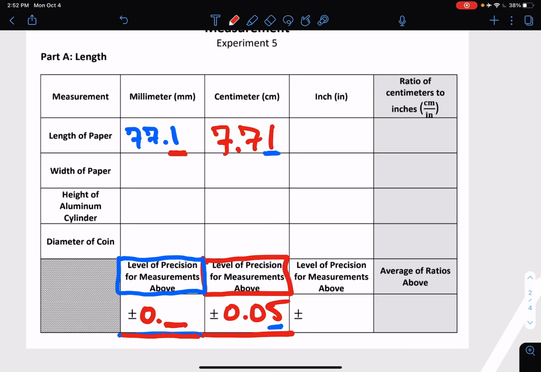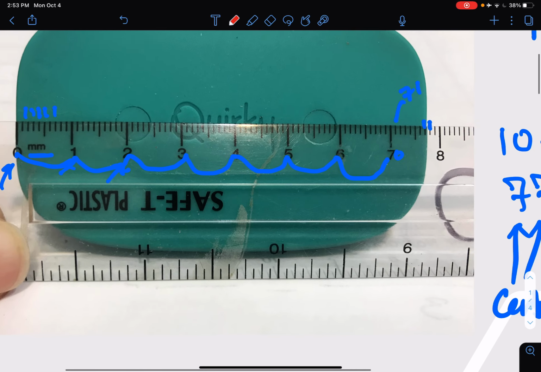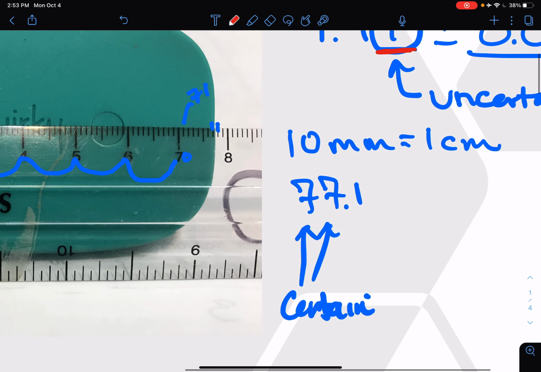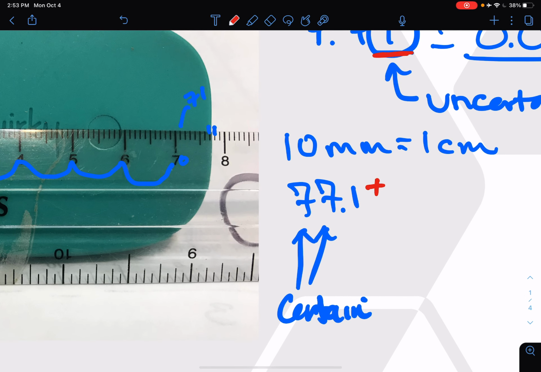Because you're saying I've got uncertainty here, okay? Well, how much uncertainty is kind of what we're talking about. Now, if we go back here, what we're going to say is, okay, so plus or minus a certain amount. And we know that we have to go to this column right here.